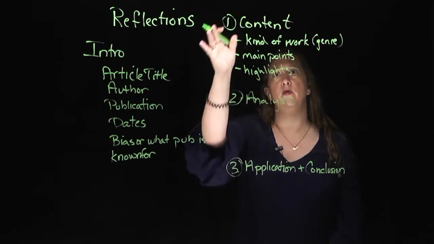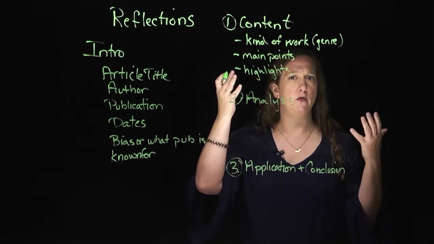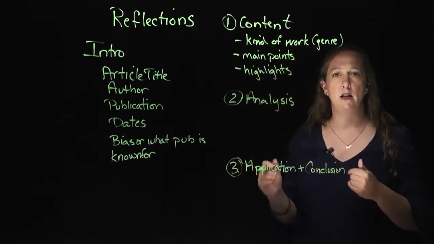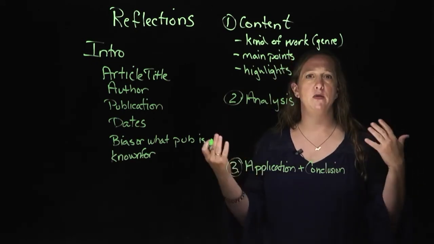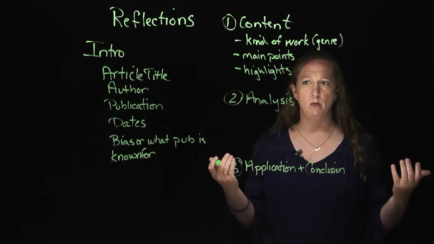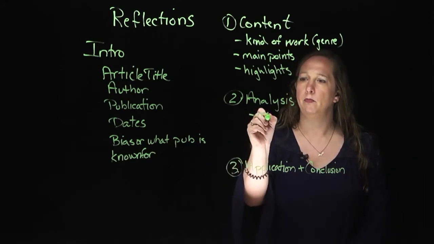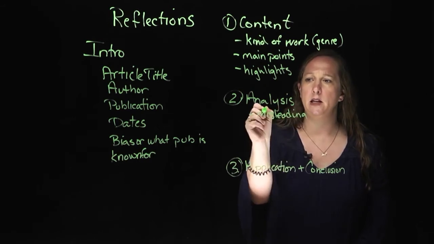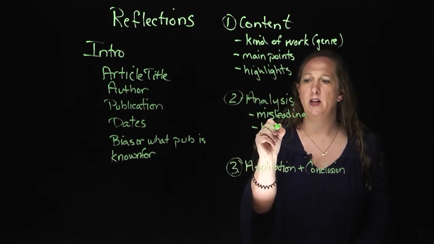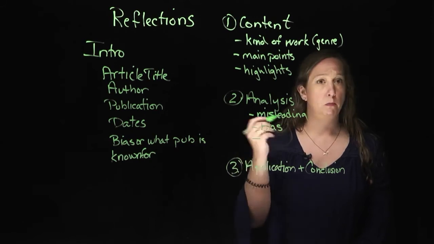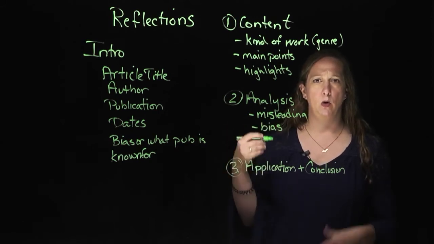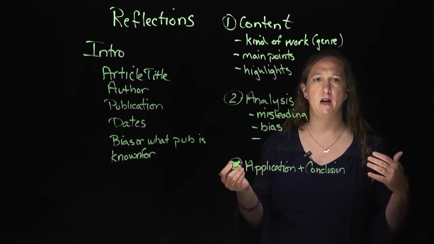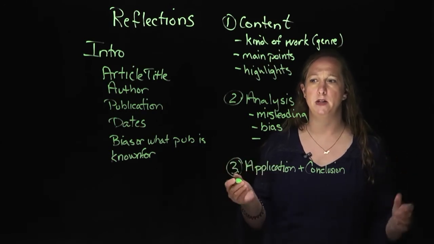So next, when you've gone through the content and told me what you've got out of reading this or watching this, whatever it may be, we're going to go next to the analysis. This is where you start really thinking critically about what was here. Was there anything misleading? Is there a really notable bias by the author or information in there that leads you to believe that they are trying to skew things in a particular direction?